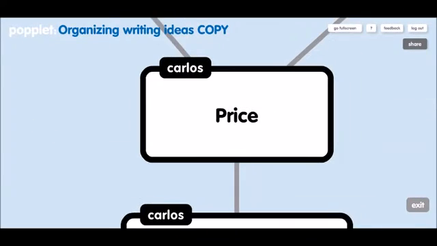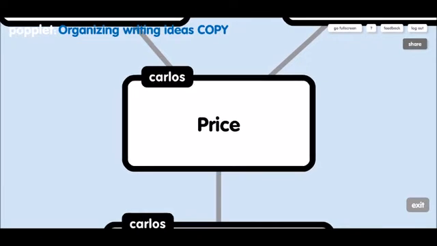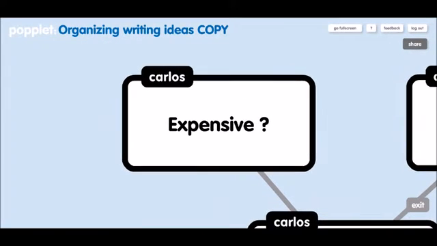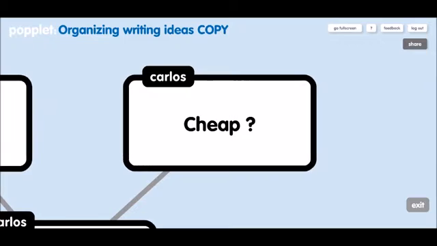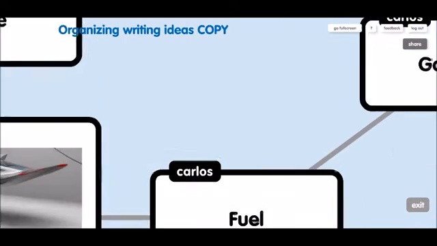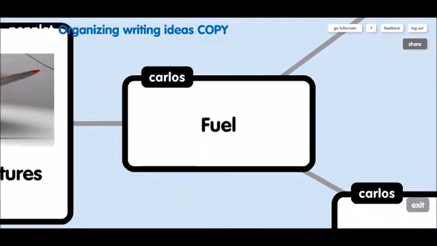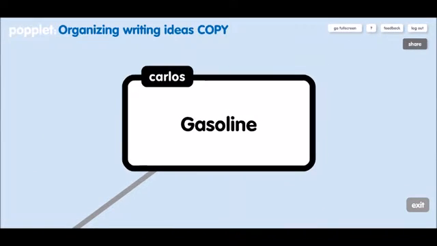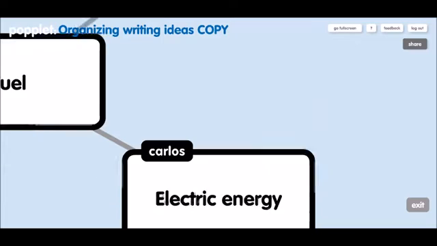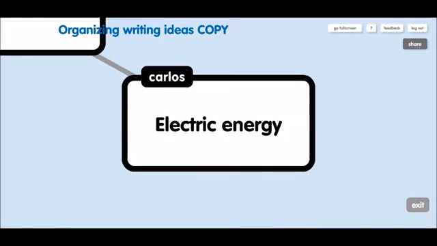The next subcategory is price. Is it expensive? Is it cheap? Finally, we have fuel. For example, it uses gasoline. Does it use electric energy?